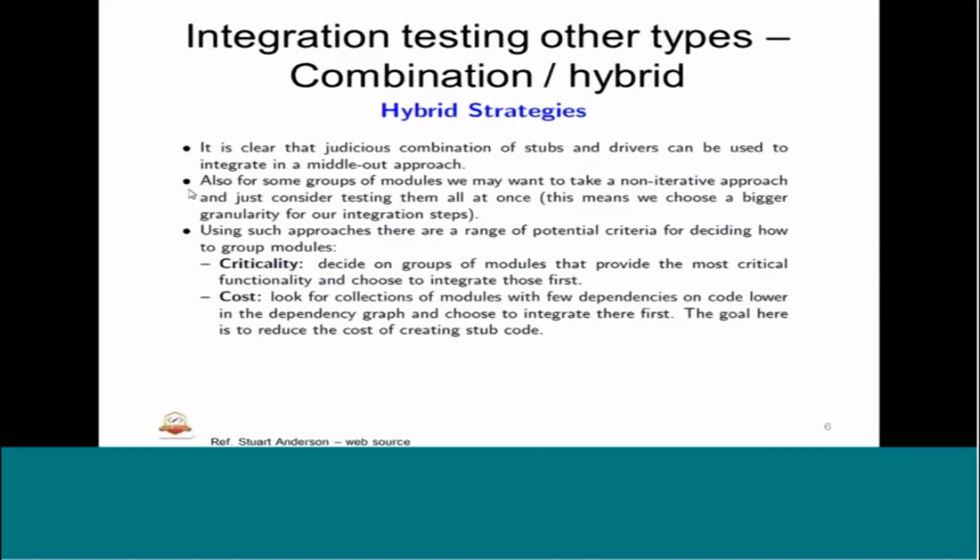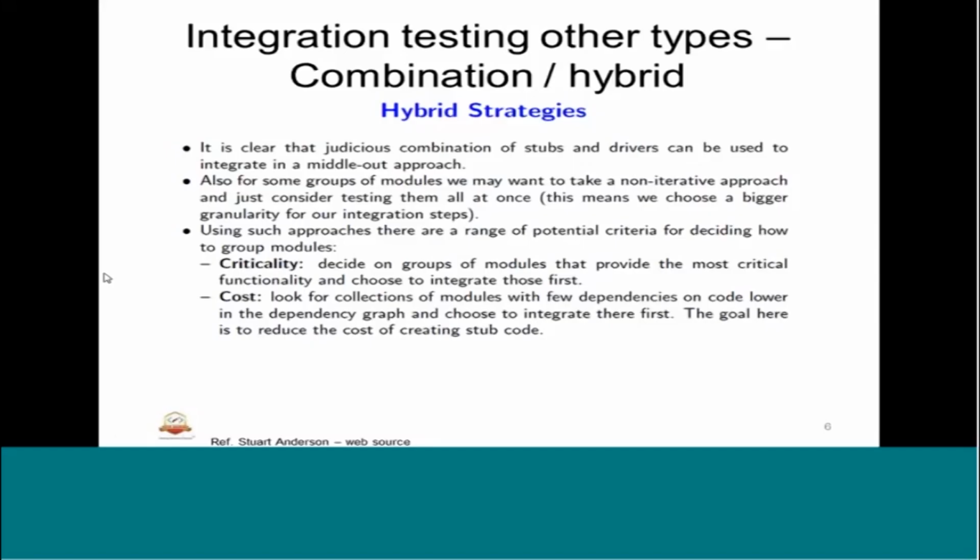Those kinds of things can also be done depending on the type of modules that we have. So this comes under the hybrid test strategy. Using this approach, there is a range of potential criteria for deciding how to group those modules.